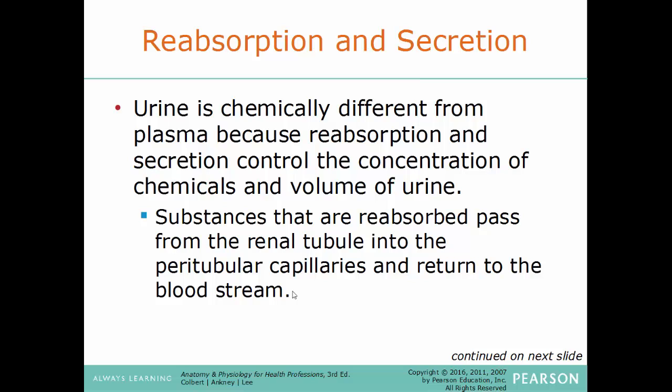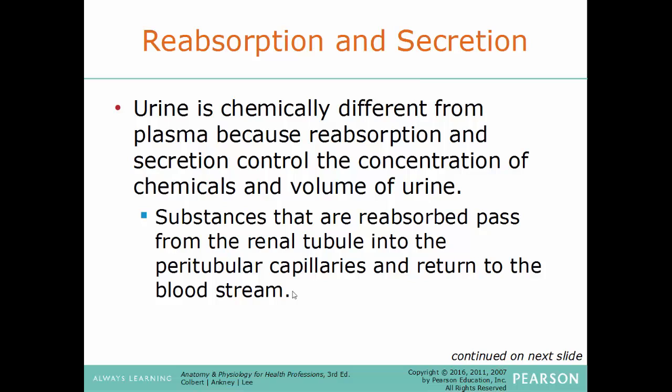Now urine is chemically different from plasma because reabsorption and secretion control the concentration of the chemicals and the overall volume of urine. Substances that are reabsorbed pass from the renal tubule back into the peritubular capillaries and return to the blood. So tubular reabsorption is material moving from the renal tubule into the blood capillaries.